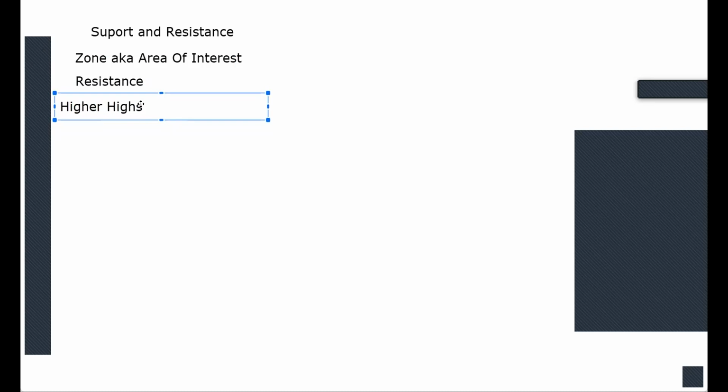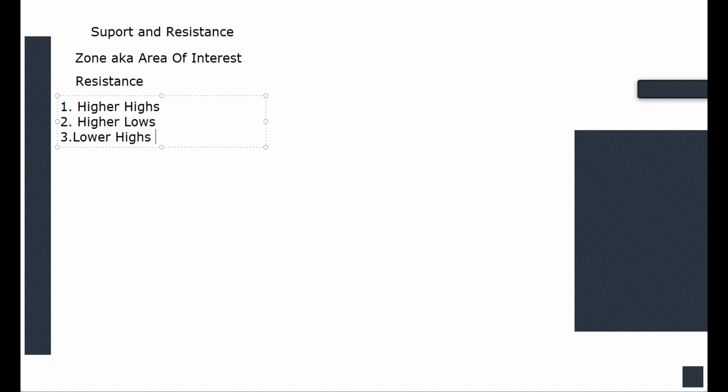You're going to need to know how to identify, which I'm going to make so easy for you guys, higher highs. You're going to need to know higher lows. You're going to need to know lower highs. And you're going to need to know lower lows.